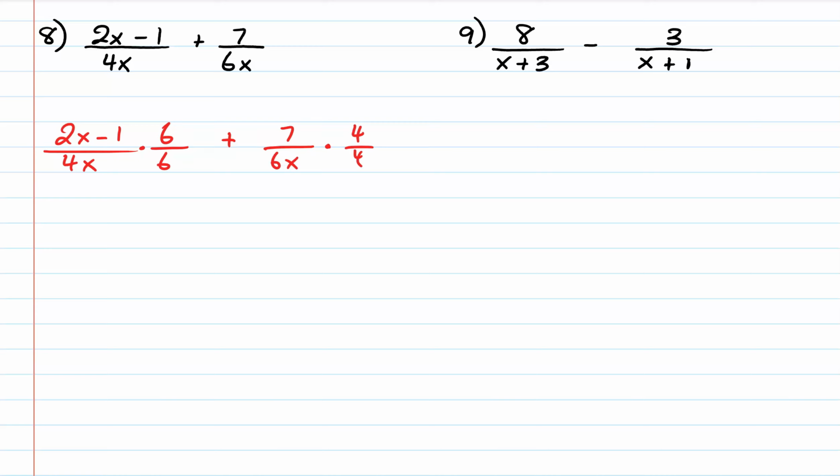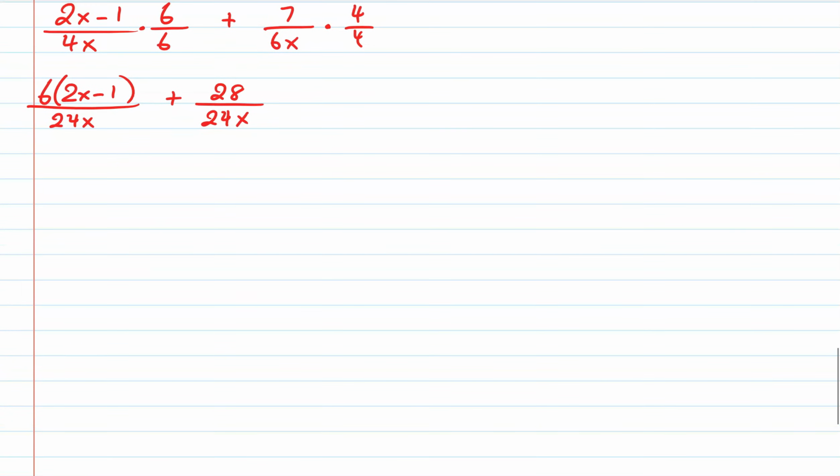Right, so I've got 6 bracket 2x minus 1 over 24x plus 28 over 24x. Now because they're under the same denominator, I can put them under one fraction, but I'll first multiply this out. I've got 6 times 2x, which is 12x, minus 6 plus 28 over 24x. Now I would add my like terms.